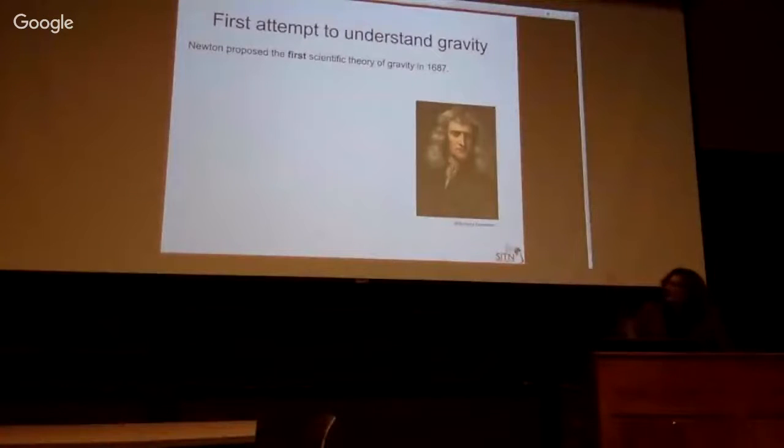But Newton, a British scientist, was the first person to construct a scientific theory of gravity. In fact, this theory is still the basis of our understanding of gravity, with slight modifications which I will come to.